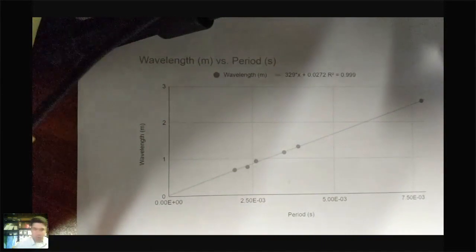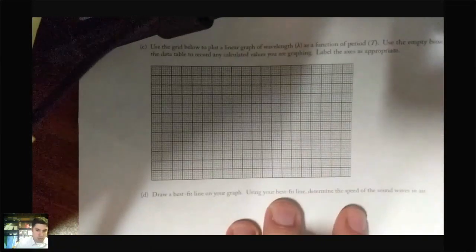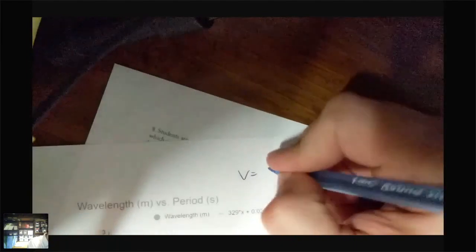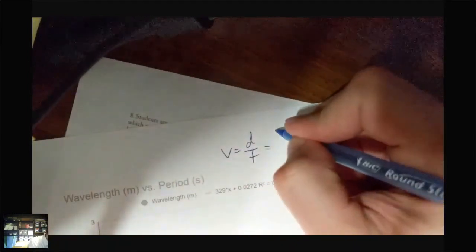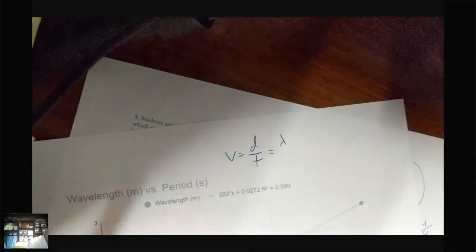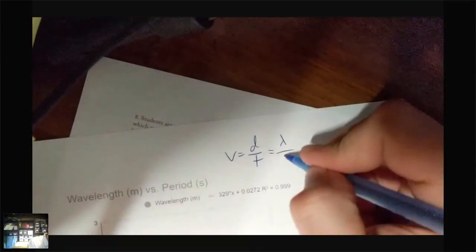And we are supposed to use this graph to determine the speed of the wave in air. All right, so speed is distance over time. It is also wavelength, that's the distance the wave travels, over the period.